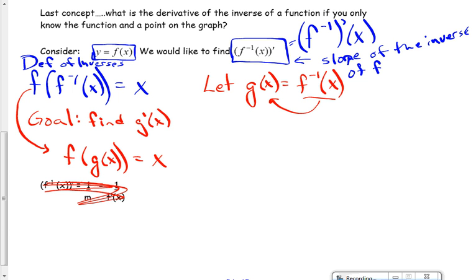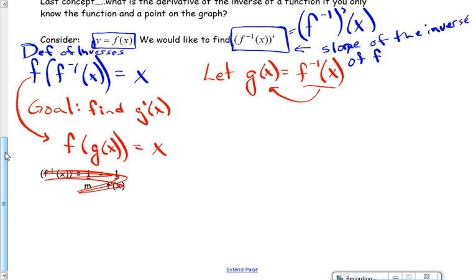I haven't changed anything. I've just given it a new name so I can differentiate it a little bit easier. Okay? If g is f inverse, this is also true from that whole composition of inverses idea, right? And again, disclaimer, you probably don't have to do this again. This is just proof of what I just showed you on the board, though. Okay?